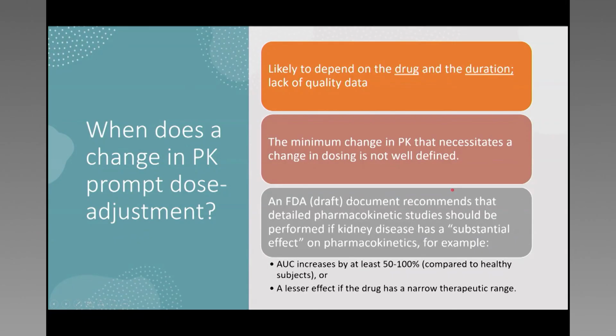And a draft FDA document suggested that if there's a substantial effect on pharmacokinetics, then we should consider a change in dose. And they suggested here that an area under the curve increasing by at least 50 or more likely 100% compared to healthy individuals would be an example of when we'd consider dose adjustment.